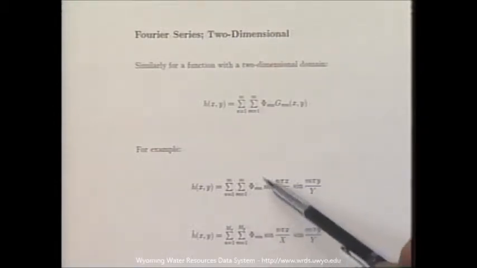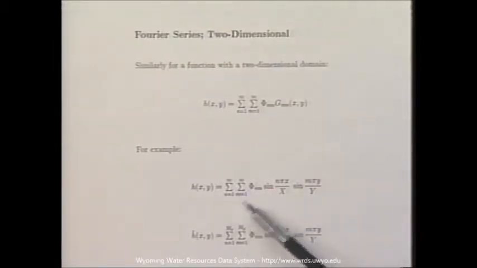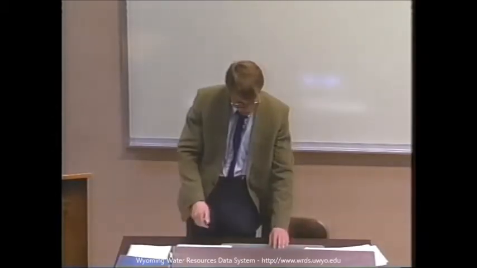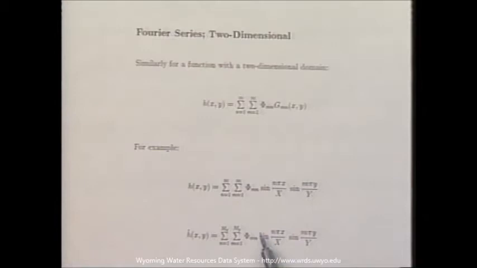Notice the multiple subscript on my coefficient. That's to enable it to handle both sums in the x and the y. It's a double series. I can also approximate this series by truncating. And instead of going to infinity, I will stop at 100, or maybe I will stop at 30 for each of the m terms or the y terms. I should also mention that in this approximation, this particular phi, we will also come up with a way to obtain that phi. That is unknown when we move into the method.